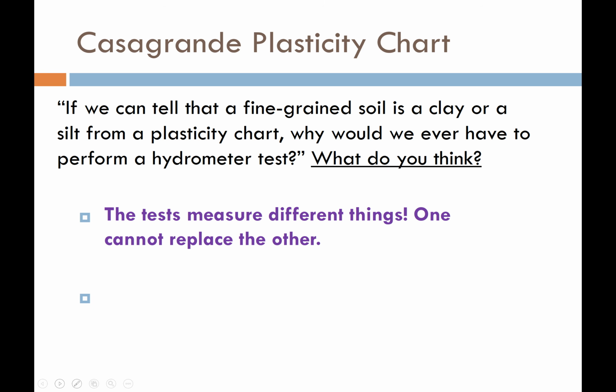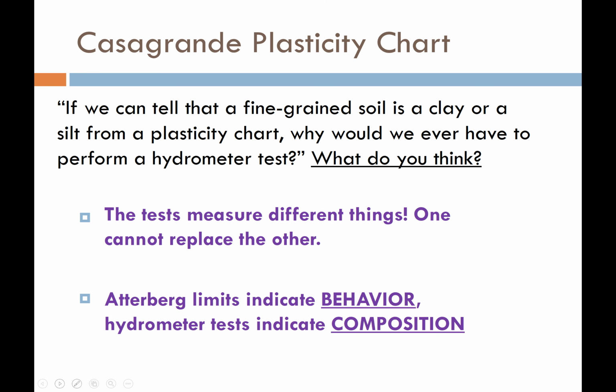Now, the Atterberg limit test doesn't measure the composition or the diameter of the particles at all. Instead, it's measuring the behavior of the soil in the presence of water. So the tests are really complementary. The Atterberg limits are an indicator of the behavior of the soil, but not the composition. The hydrometer test is an indicator of the composition of the soil, but not necessarily its behavior.